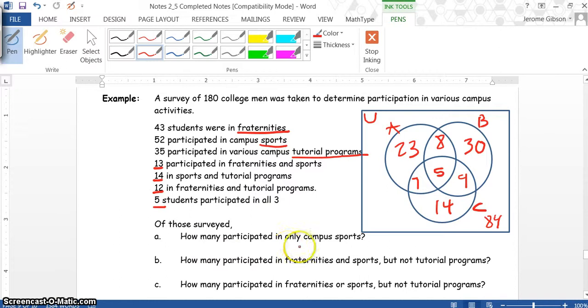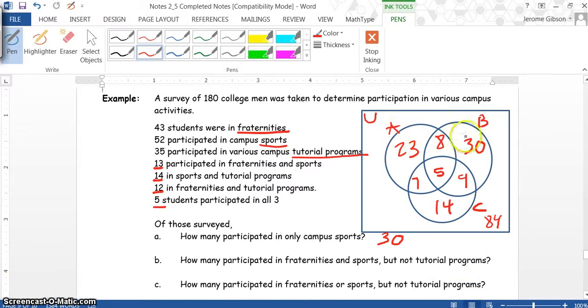So now it says how many participated in only campus sports. Now remember, B is campus sports, and it's only 30 that participated in only campus sports. Now we go to B. How many participated in fraternities and sports, but not tutorial programs?